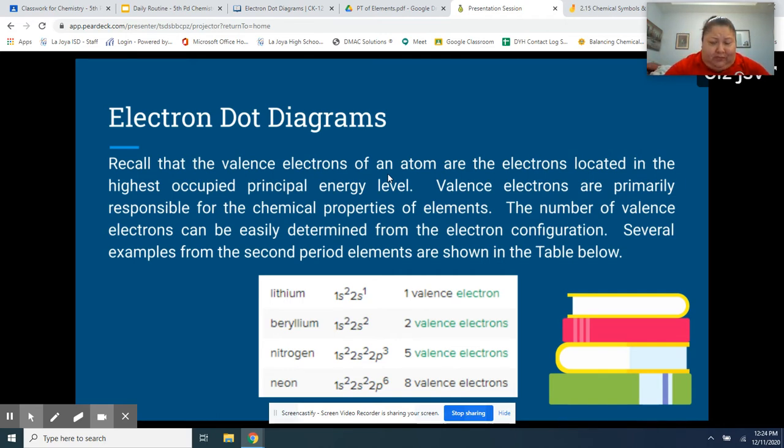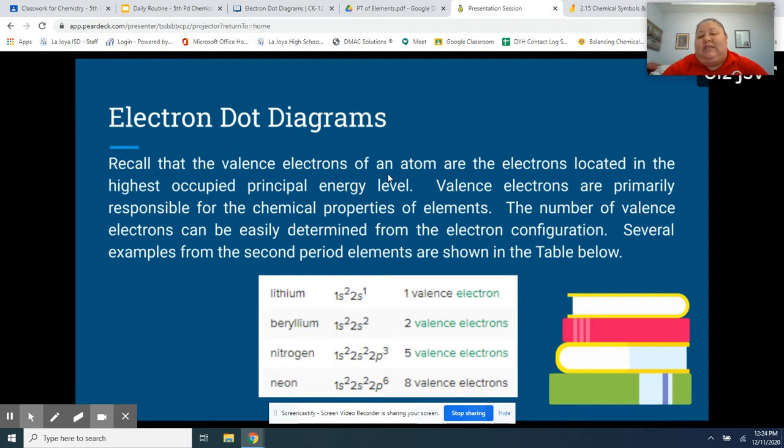Valence electrons have very important roles and dictate a lot of the chemical properties of elements. They are responsible for the way an element reacts. They are responsible for chemical properties.